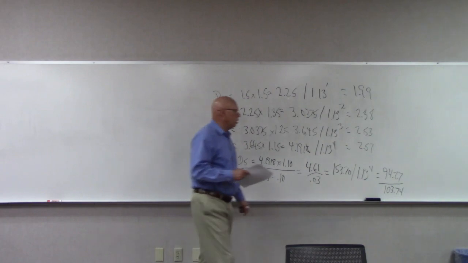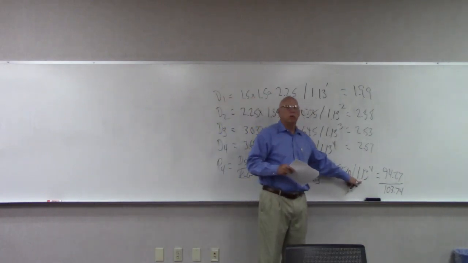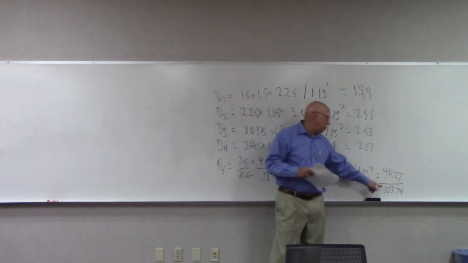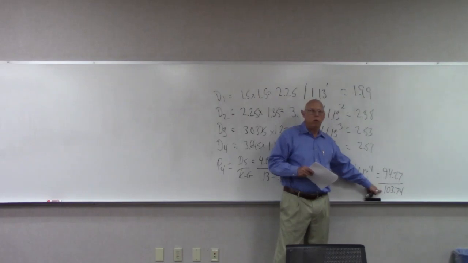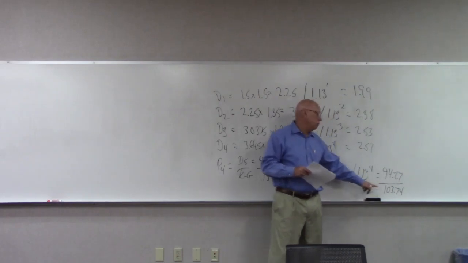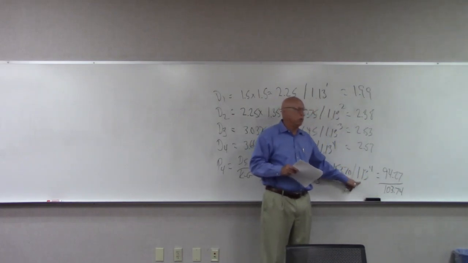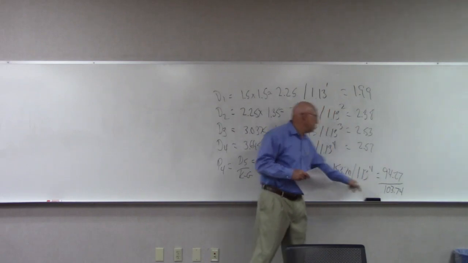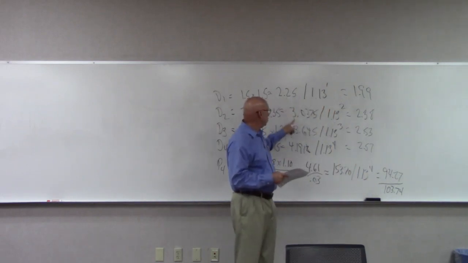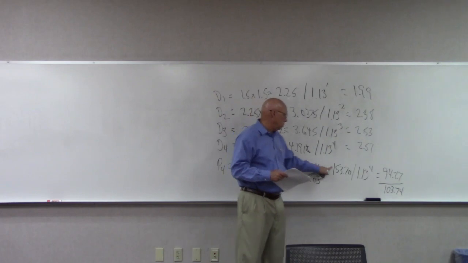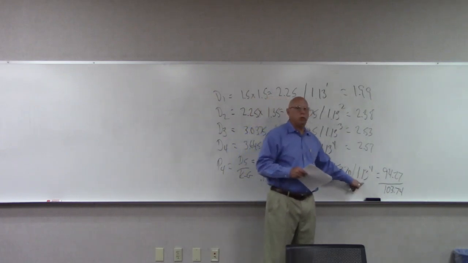If we want to earn more than 13%, then we have to pay less than that. If we pay more than that, we'll earn less than 13%. If we pay this, and these numbers are larger, we'll earn more than 13%.